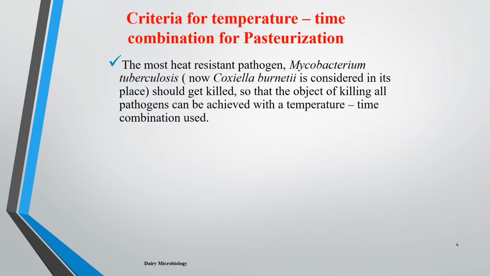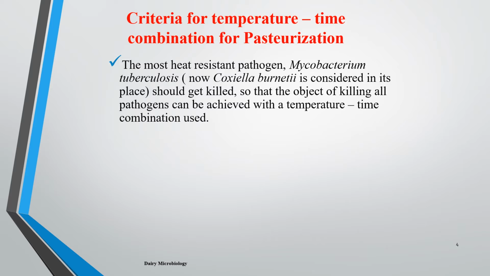And this pathogen, Coxiella burnetii, should get killed when milk is exposed to a particular temperature for a specific period of time. So pasteurization should be responsible for killing of this most heat resistant pathogen.